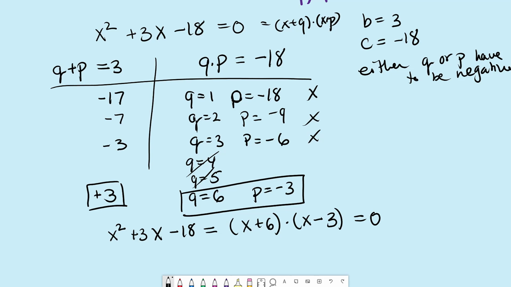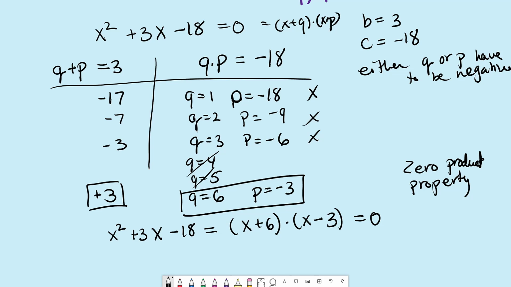Now, how is that helpful? Well, it's really very helpful because, as a reminder for why we actually factor polynomial equations, what we like to do is use the zero product property. The zero product property means that if we have two numbers multiplied to equal 0, then at least one of those numbers has to be 0.